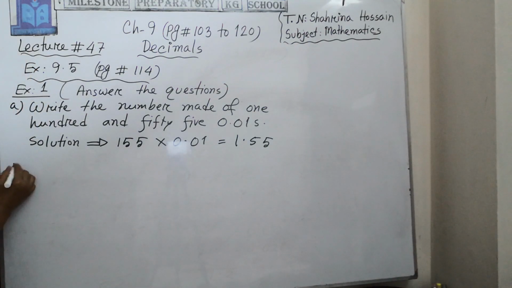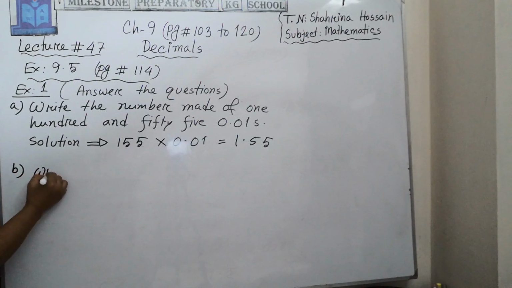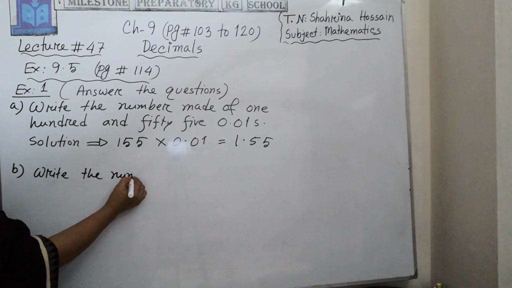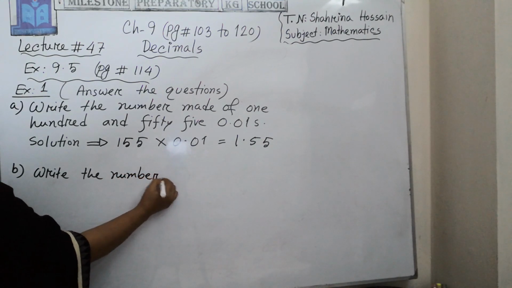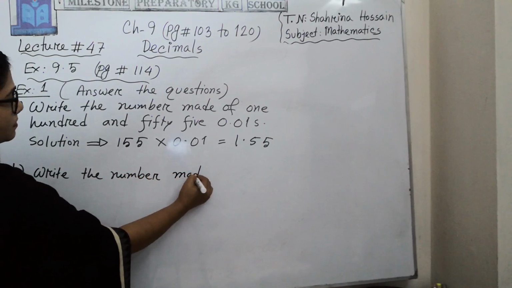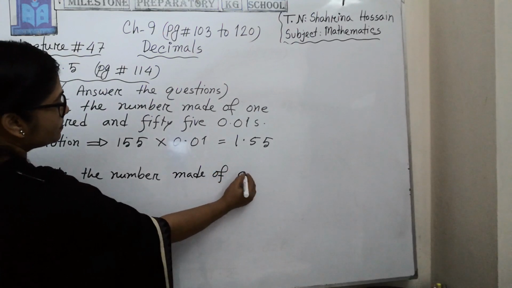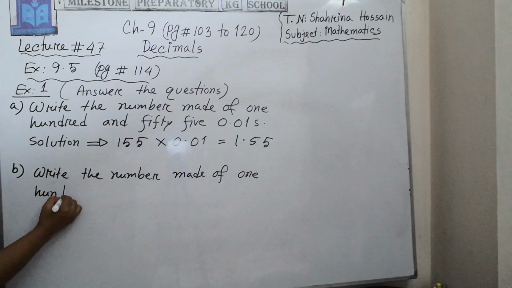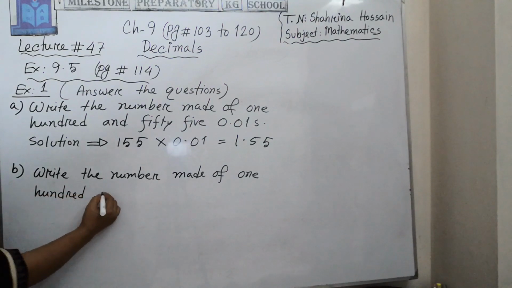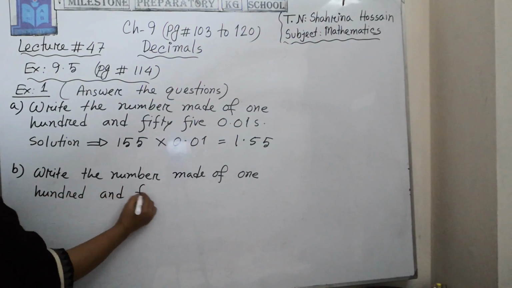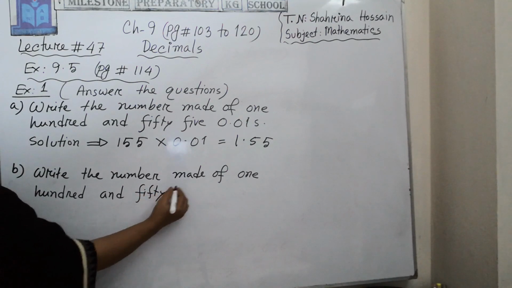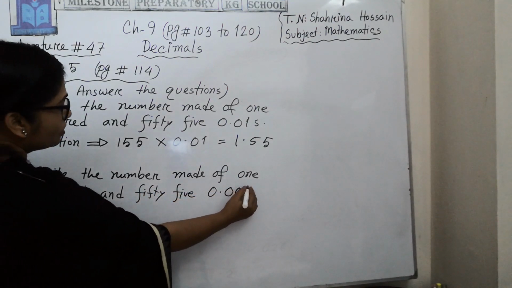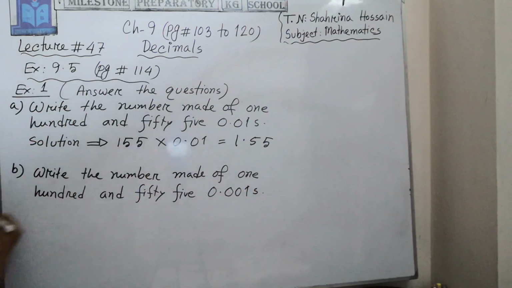Now number B, write the number made of 100 and 55 0.001s.